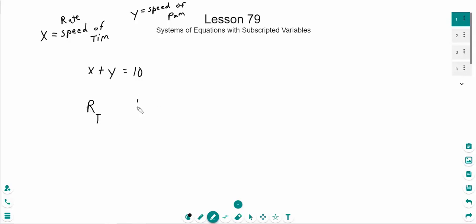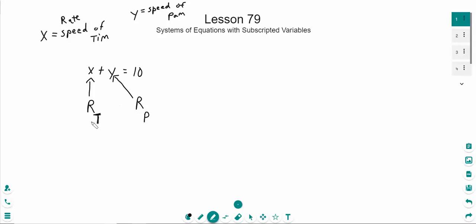And if I wanted to represent Pam's speed, I would use a subscript P to represent the rate of Pam. So I have the rate of Tim, and I have the rate of Pam. These would be better choices for our variables than an x or a y. They just make more sense given the problem.